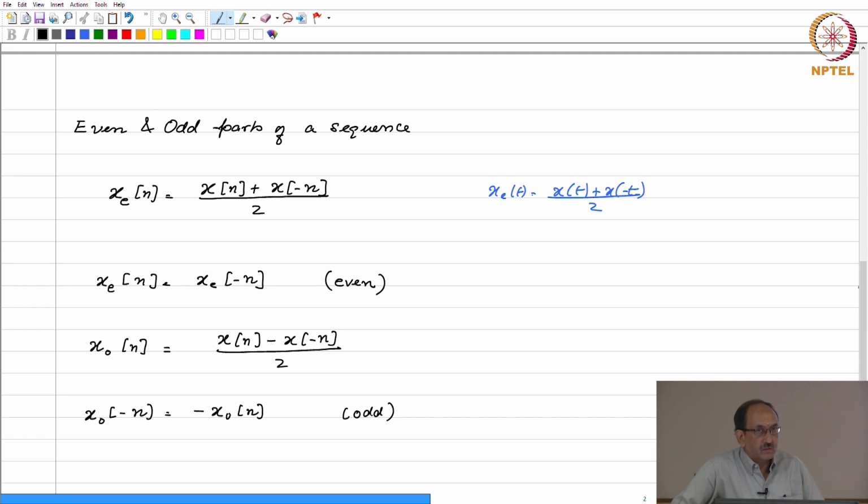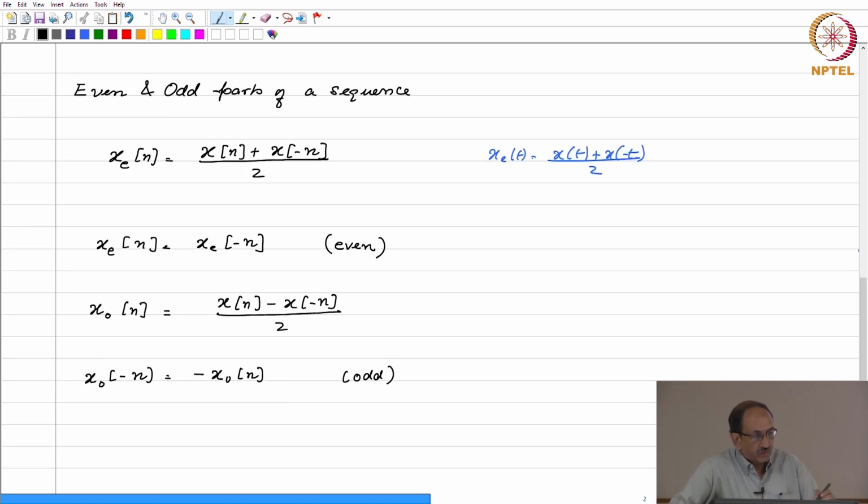So, any given sequence x can be decomposed into its odd and even parts. The definition of an even signal is x of n equals x of minus n, and the definition for an odd sequence is x of minus n is minus x of n. These are no different from their continuous time counterparts. Just to complete this, x_o of t is x of t minus x of minus t by 2.